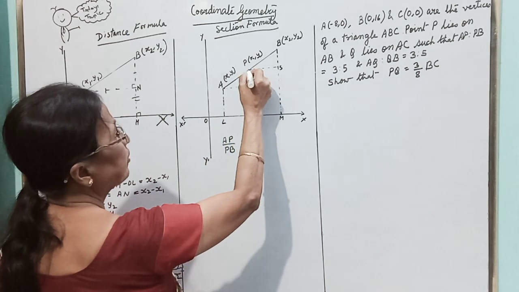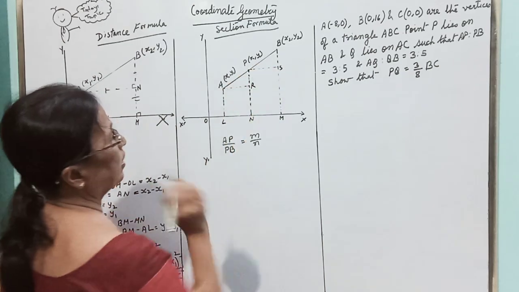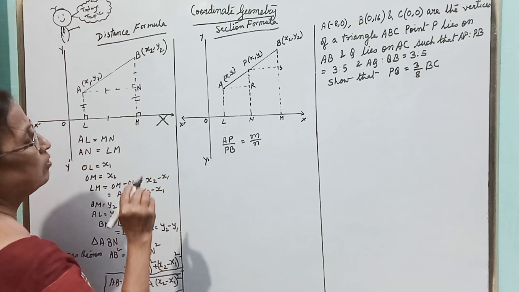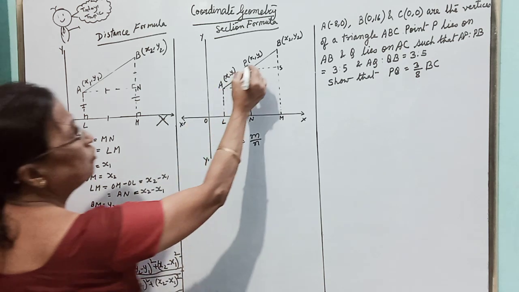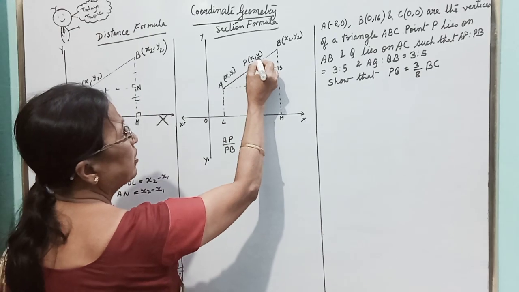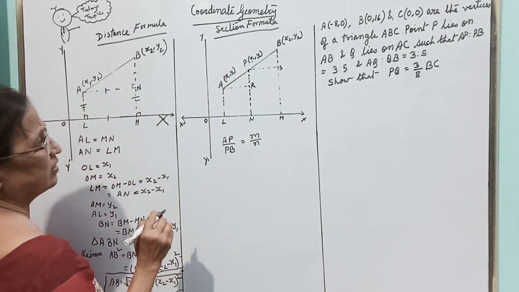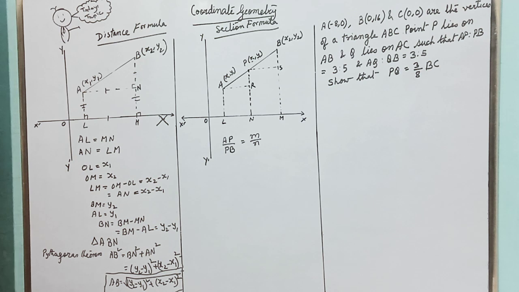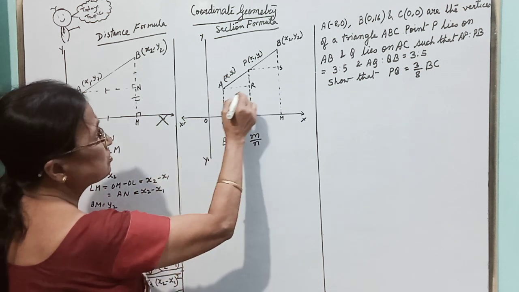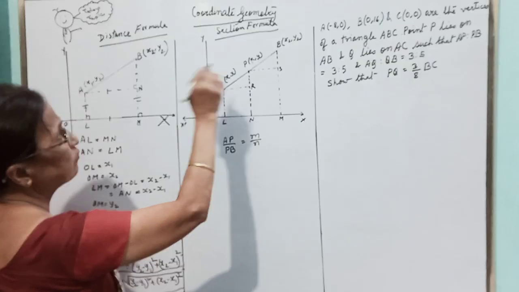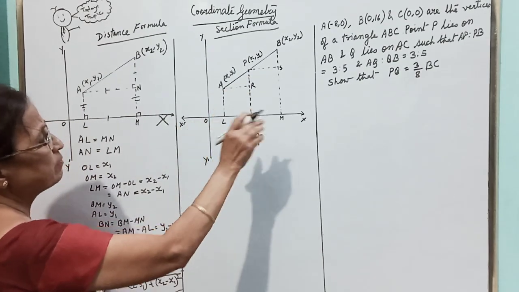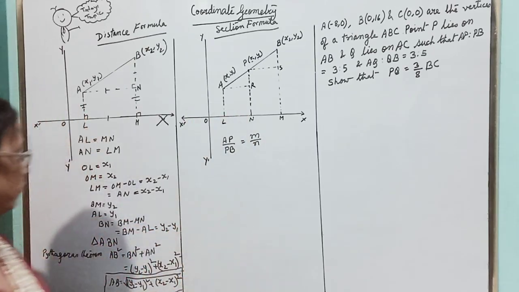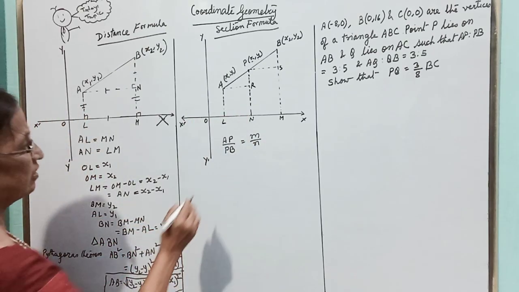P is a point which divides it in the ratio m is to n, and you have to find the coordinates x and y. This is known as the section formula, very useful. You will use this off and on in this chapter, coordinate geometry. This is the first video of coordinate geometry. We will give more videos after this. Remember both these formulas well.